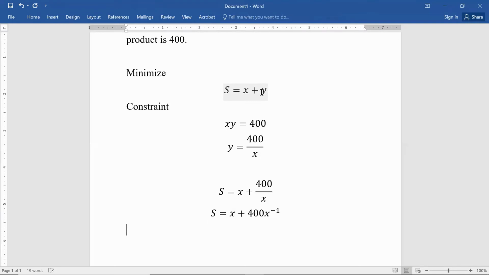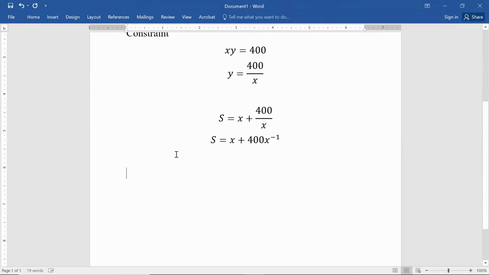If I want to find where this is minimized among positive numbers, I can take a derivative, find the critical values by setting the derivative equal to 0. The derivative of S is 1 minus 400 X to the negative 2.